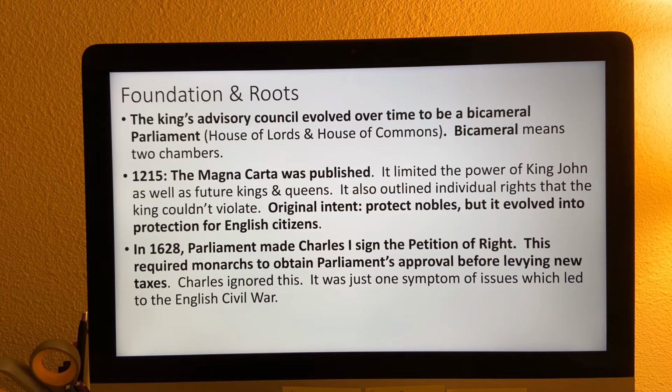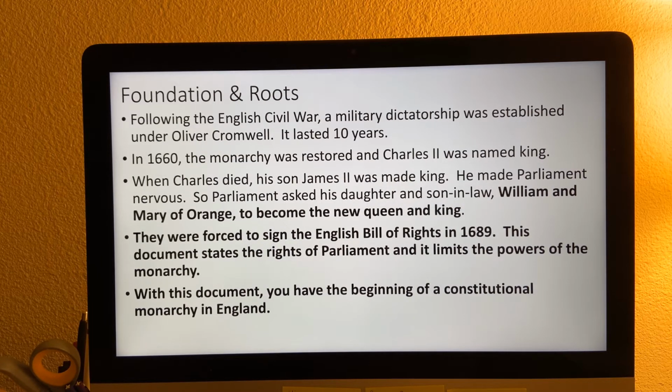And Charles ignores all of this, and this is just one symptom of the problems they had with Charles, and ultimately it leads to the English Civil War. Now, Charles is beheaded, and the Civil War lasts for almost 10 years.